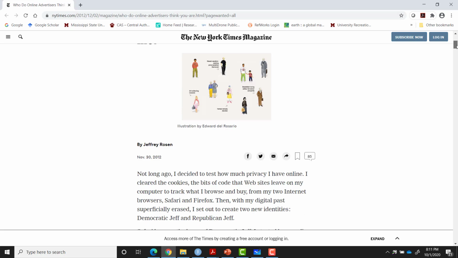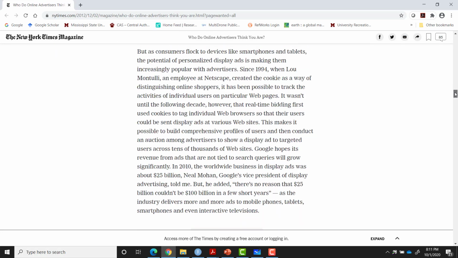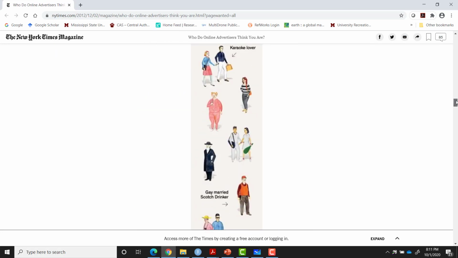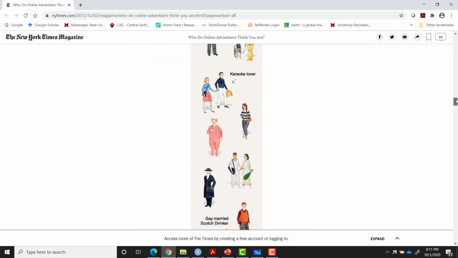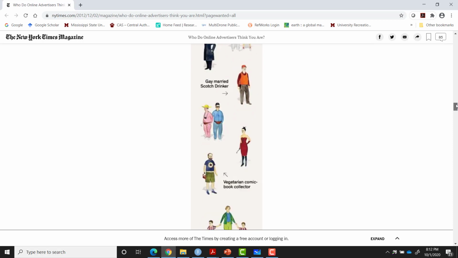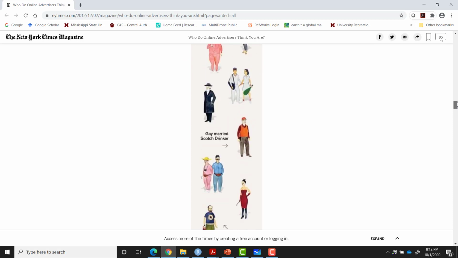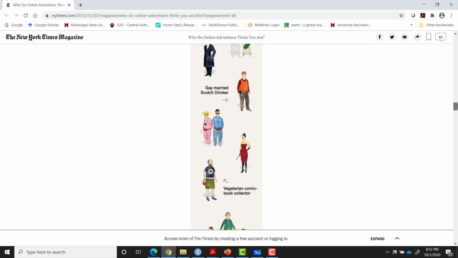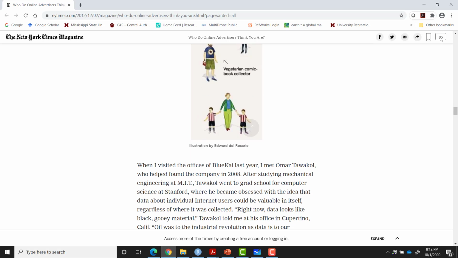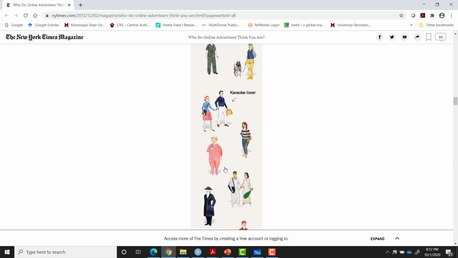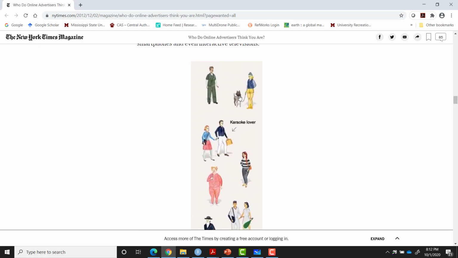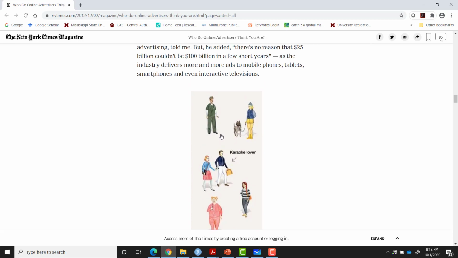And based on that information, which is actually quite scary, we can put consumers into very small segments, what we call micro segments, and target these micro segments with specific adverts. So we have our segment of gay married Scotch drinkers, our segment of vegetarian comic book collectors, and our segment of maybe married karaoke lovers.